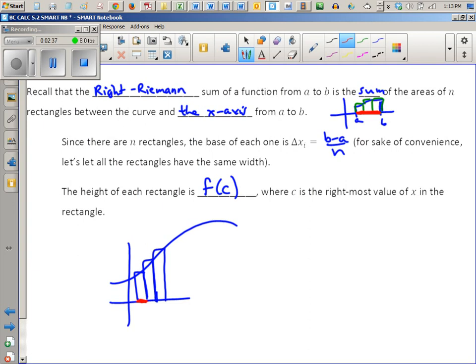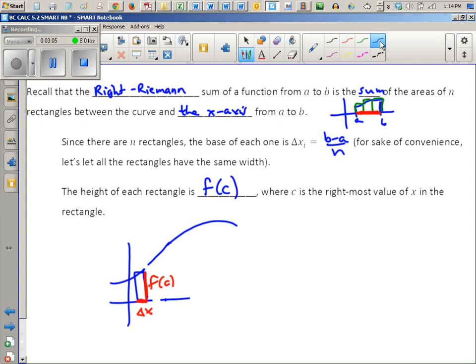This distance is now called delta x, and this distance is now called f of c. Okay, the height of the rectangle, f of c. And that's just one rectangle. We've got a bunch of rectangles. So with one rectangle, the height is f of c.